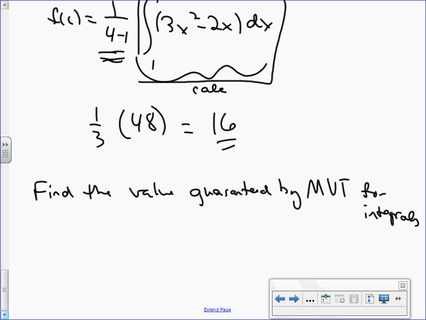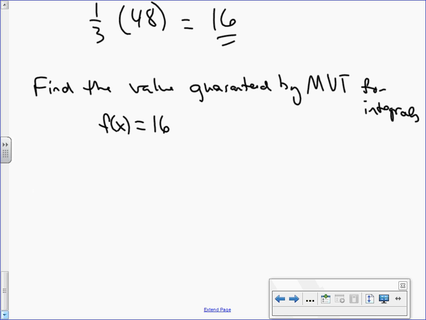All you have to do is take f of x and set it equal to 16 and solve for it. Well, sometimes it's hard, but usually not too hard. 3x squared minus 2x equals 16. And again, for purposes of these notes, I'm going to skip over solving that. You can certainly do it on your calculator to find the value that is guaranteed right there. Okay. All right.